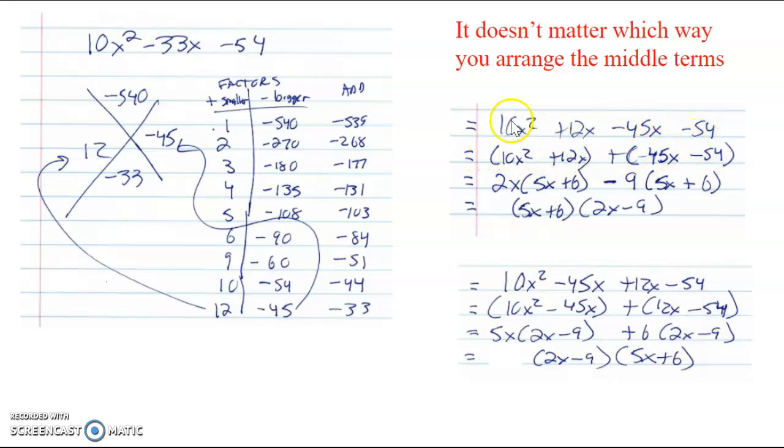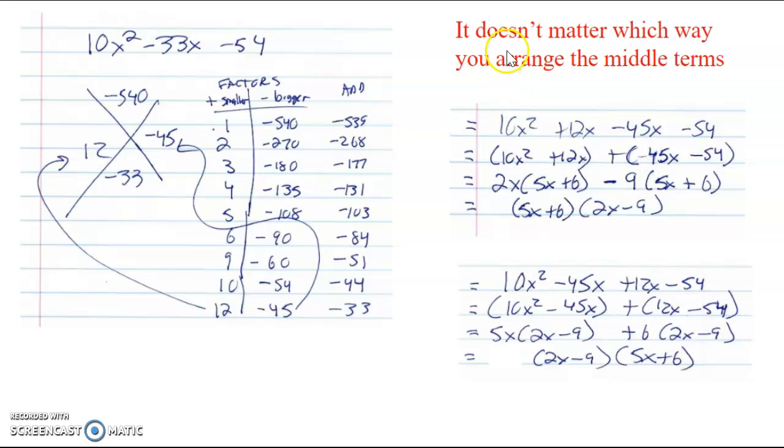And then you put the parentheses with the addition in between the two parentheses, and then you look for the GCF of each of the parentheses, and hopefully you should get the same factors, 5x plus 6 and 5x plus 6. Then you can take 5x plus 6 out as the common factor, and you're left with 2x from the first half and minus 9 from the second half, and this is the factored form.